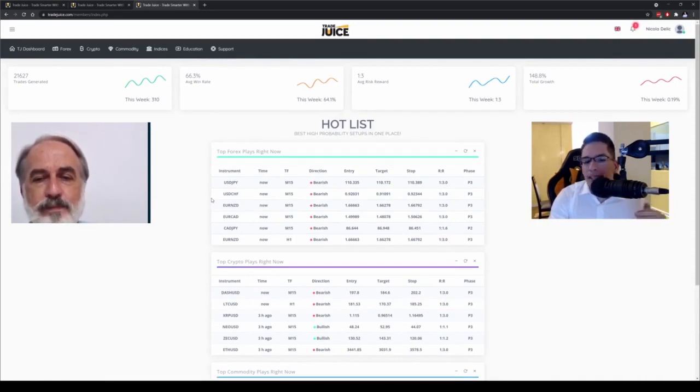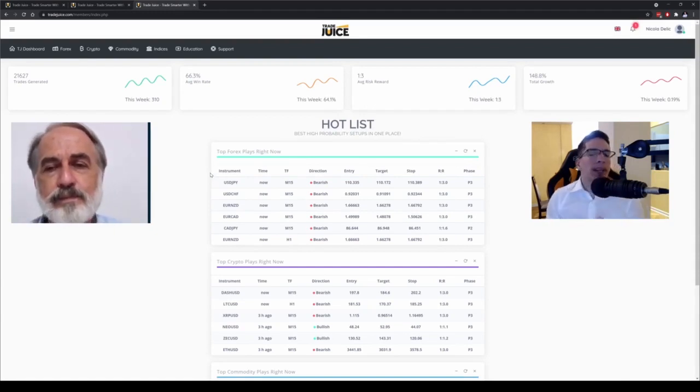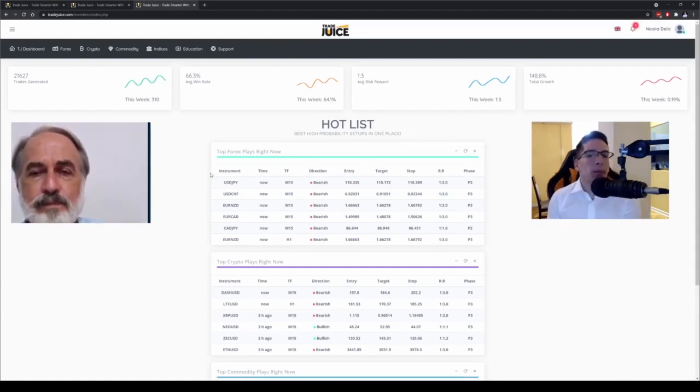So if some pair started to drop in performance, it's automatically going to be cut from our main list. People will never know it. We will get an alert as a team, and we will start optimizing the algo for that pair. And only after we see that we have a good win rate again, it is going to be included in the list.